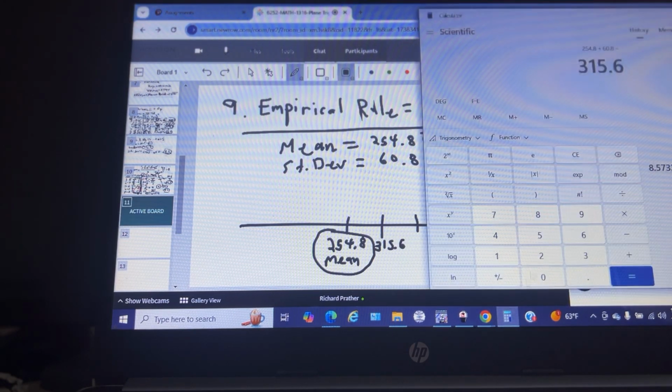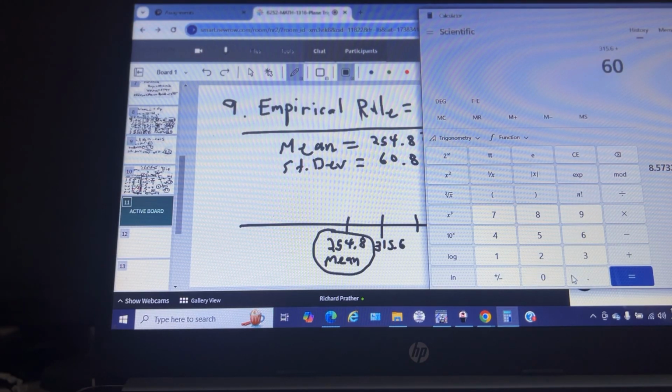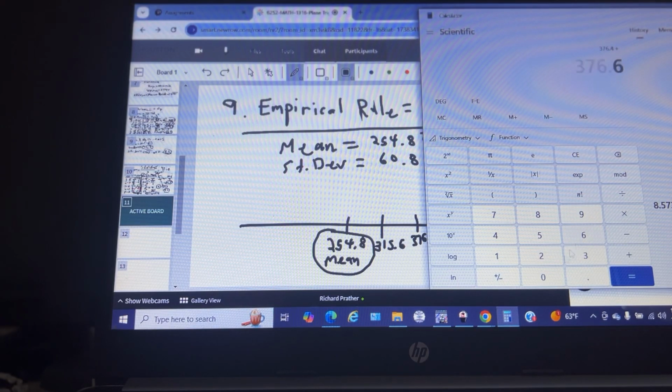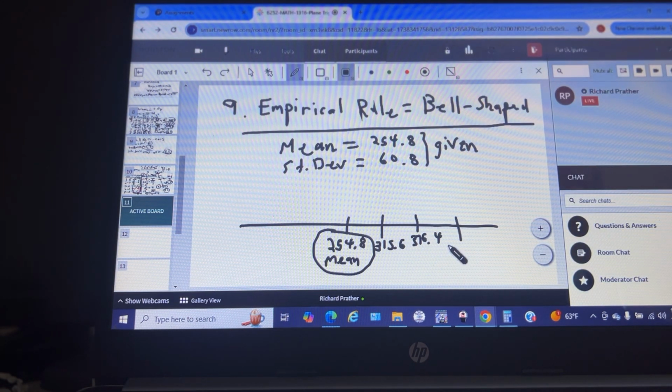And then do it 2 more times. So add 60.8, 376.4, and 1 more time. Add 60.8 again. 437.2.